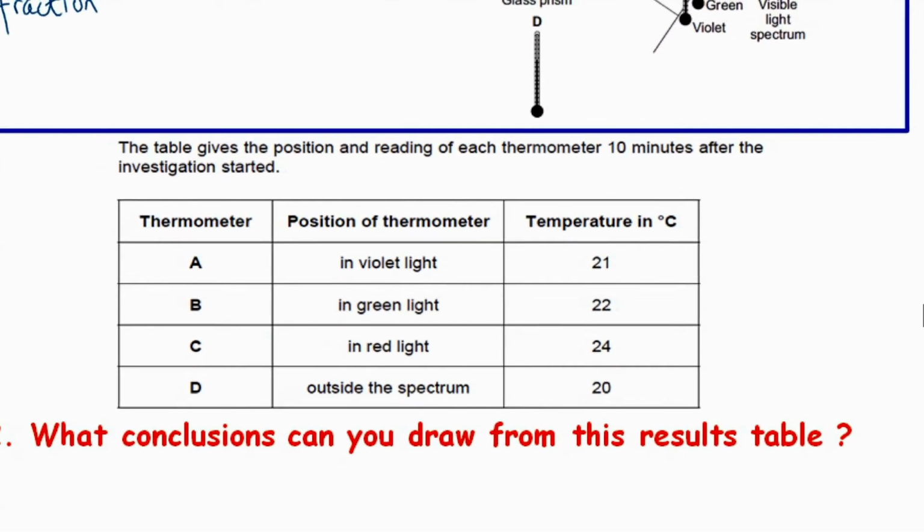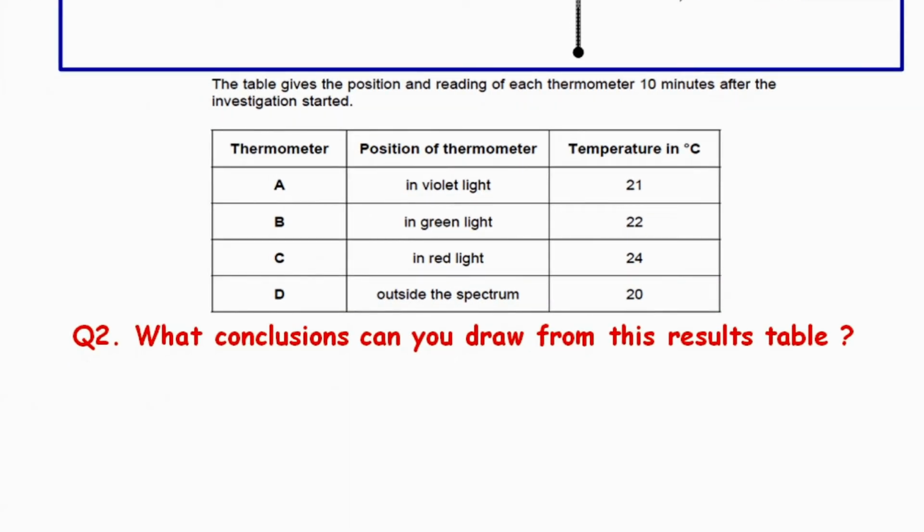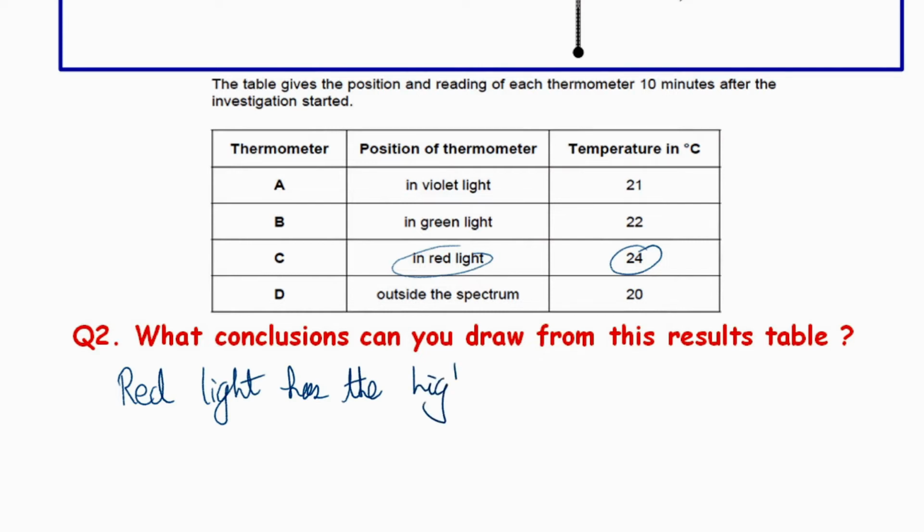Question 2. The table gives the position and reading of each thermometer 10 minutes after the investigation started. What conclusions can you draw from the results table? Well, if you look at the temperature, you've got the highest temperature there at 24, which is a red light. So you could say a red light has the highest temperature. Now that will be because it's next to infrared in the electromagnetic spectrum.